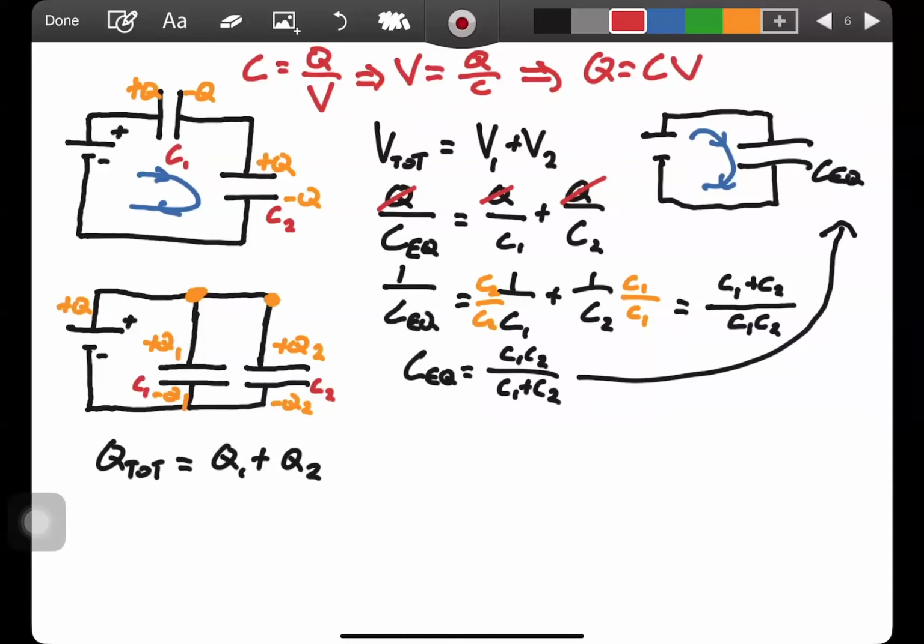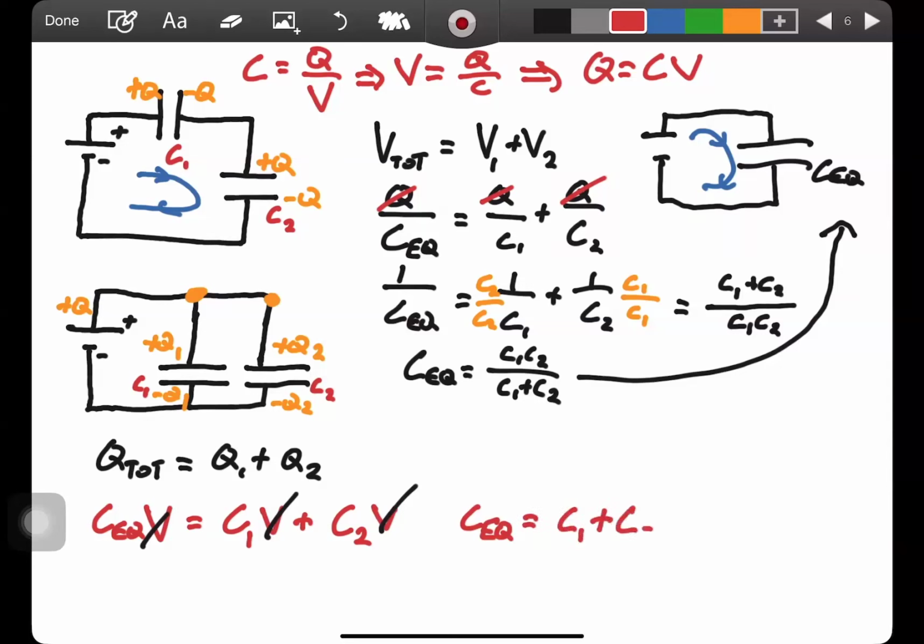So what I can say then is that I'm going to call this the equivalent capacitance times the total voltage is equal to the capacitance of the first capacitor, and again, they're all seeing the same voltage drop across them, so that's just a V again, plus whatever the capacitance of the second capacitor is, because it's in parallel, it also sees the same voltage drop V. And so now you've got the voltage terms canceling out, which is to say that the equivalent capacitance for these capacitors in parallel is equal to C1 plus C2.